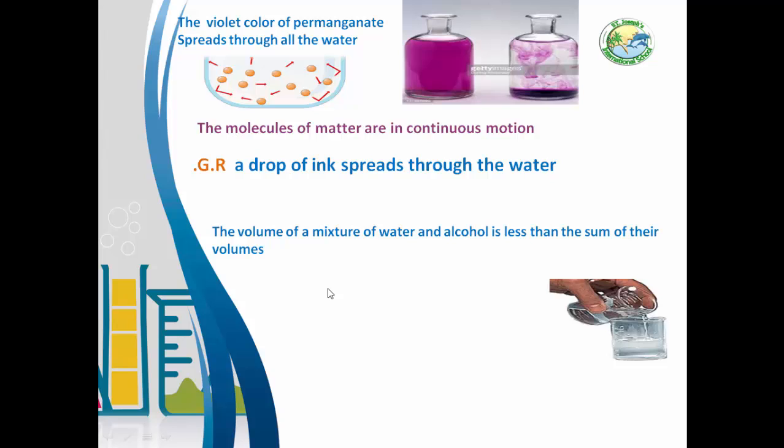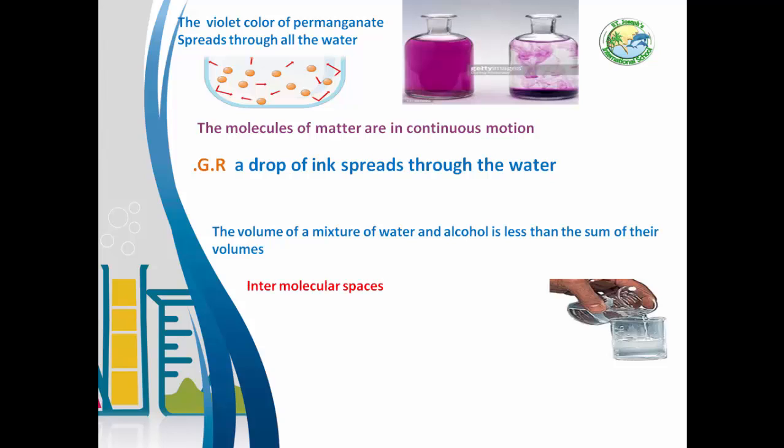These spaces are known as intermolecular spaces, and the alcohol molecules occupy these spaces among the water molecules. When we add alcohol to water, the volume of the mixture will be less than the sum of their volumes.